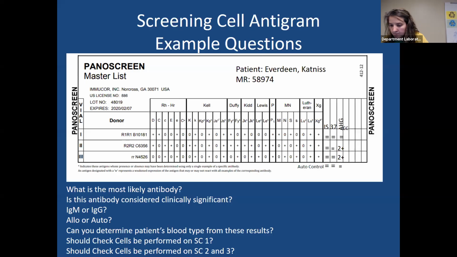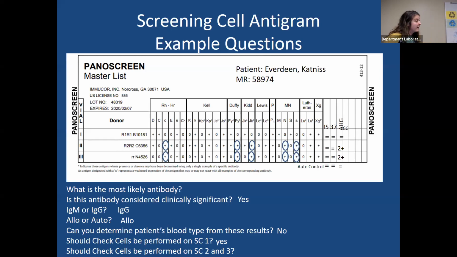Okay. Should check cells be added to screening cell 1? Yes. What about 2 and 3? No, because they're all already positive. Okay. If you have agglutination after adding AHG, whether macroscopically or microscopically, you do not have to add check cells. Okay. You're done. You call it positive.